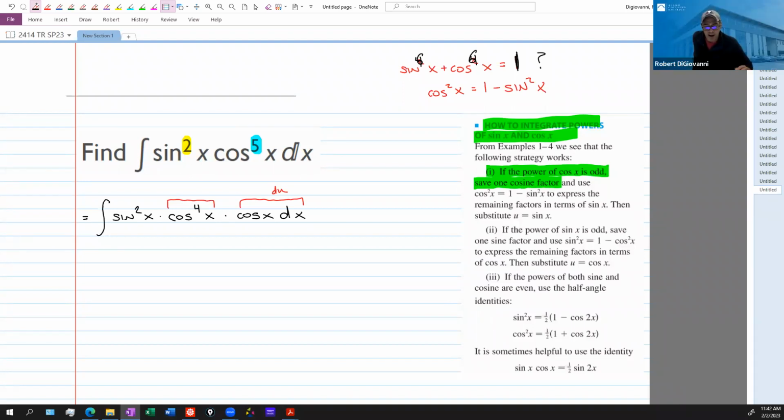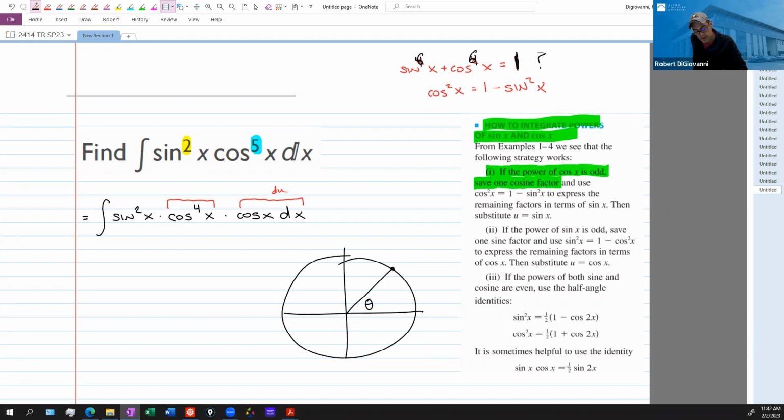And here's why. You have to go back to where that formula came from. The formula came from the idea of the unit circle, and that if you give me an angle, theta, the x coordinate is cosine and the y coordinate is sine. And if it's the unit circle, the radius is 1, then the Pythagorean says that this squared plus this squared is 1, right? Pythagorean is always squared.